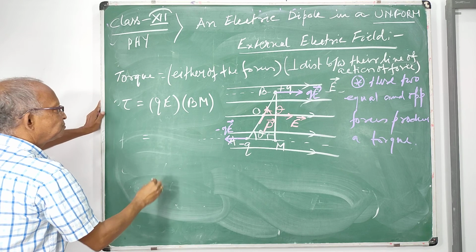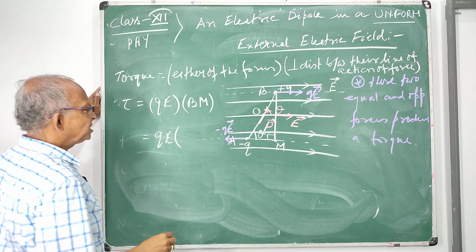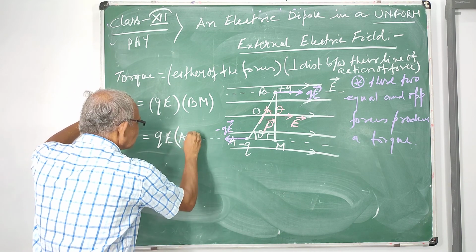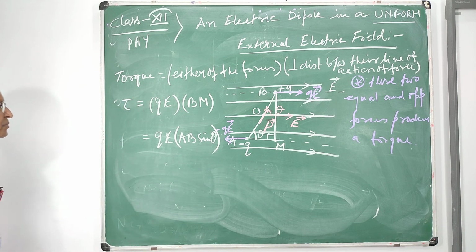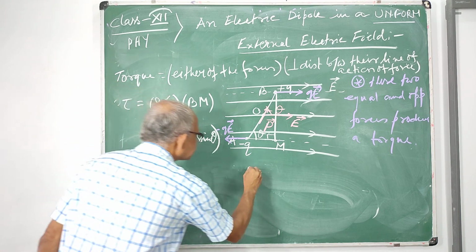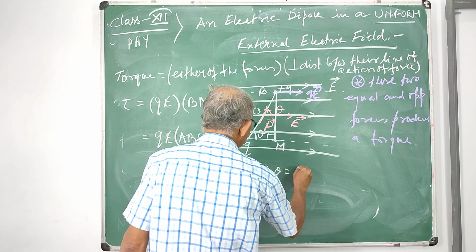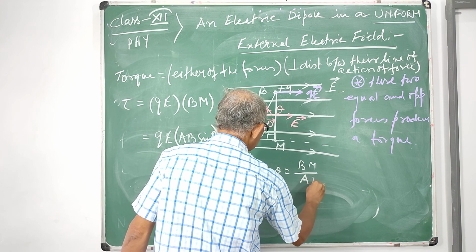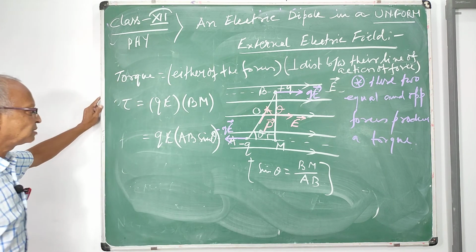What can we write in place of BM? BM equals AB sin theta. Am I right? Let's check this. Sin theta equals BM by AB. So BM equals AB sin theta.